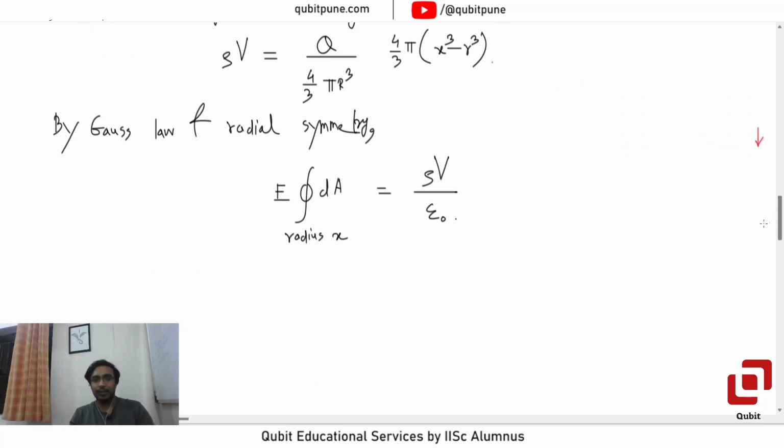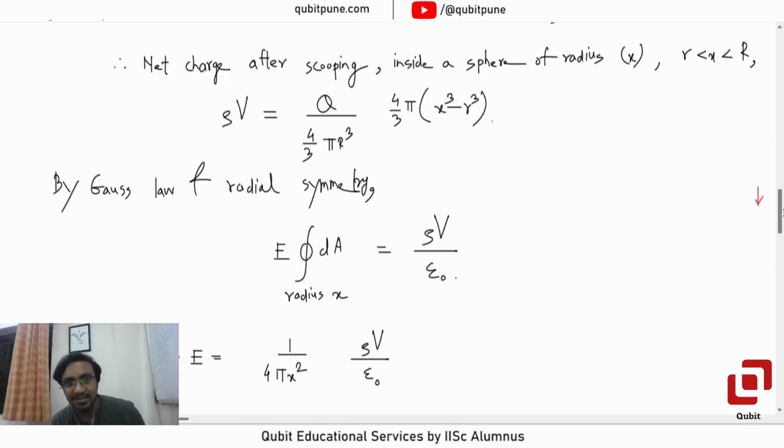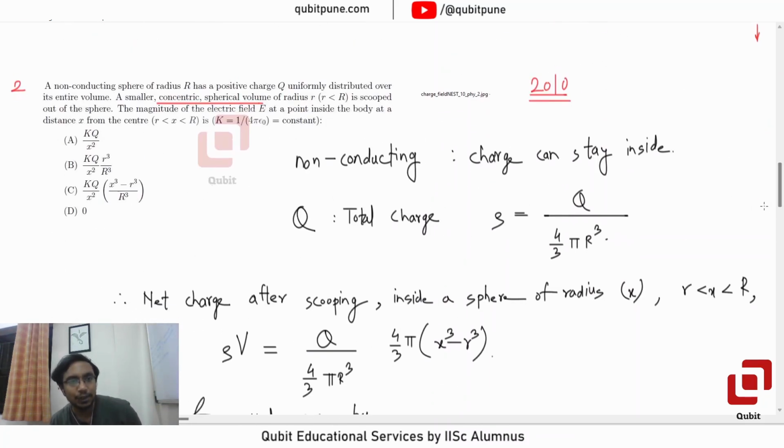Correct? Rho V upon epsilon naught. So what can be said about E? 1 upon 4 pi x squared, rho V upon epsilon naught. And I think we have got the answer because none of the options except option C contains x cube minus r cube. Therefore, the correct option is C.